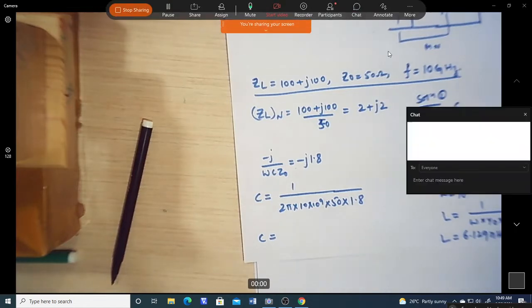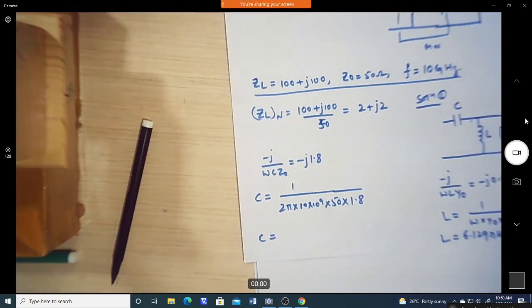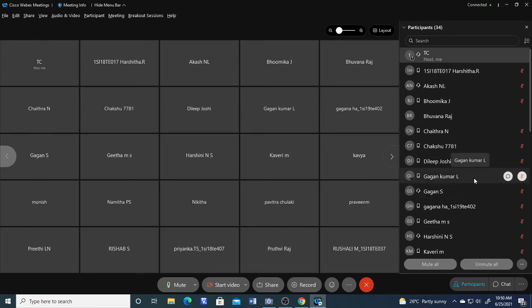Anybody calculated? What is the value? 1.76 into 10 power minus 13. 1.76 into 10 power minus 13, which we can write as 1.276 picofarad.